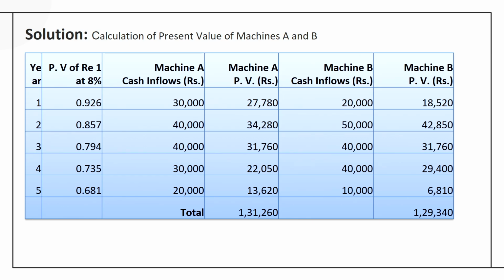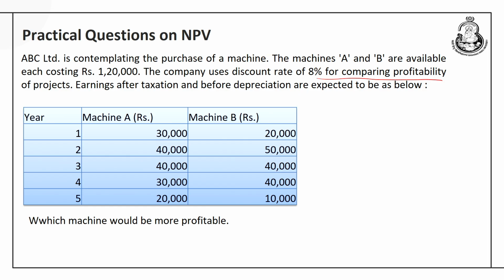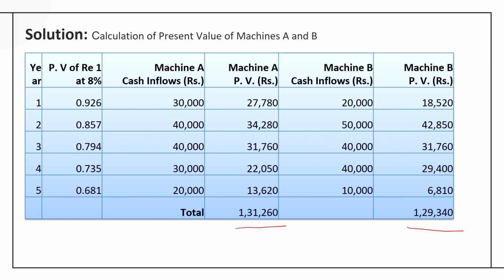So, if we multiply the PV factor with the cash flows, we would be able to find out the present value of the cash inflows from machine A and from machine B. If we add the present value of cash inflows over the 5 years, we can see that 1,31,260 is the total value received from project A, and project B on the other hand is giving us 1,29,340, and we know that the initial outlay is the same for both projects, that is 1,20,000.